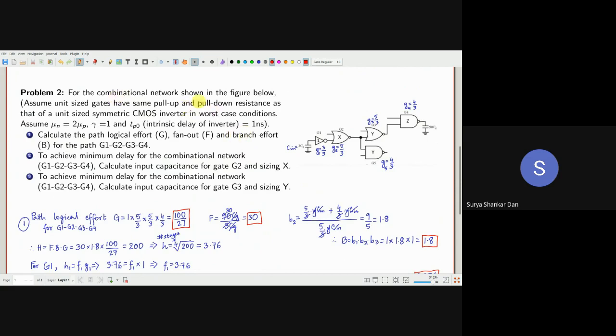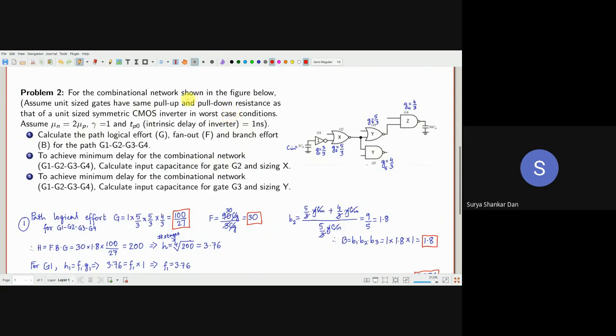All right. For the combinational circuit over here, again mu n equal to 2 mu p, gamma equal to 1. Very good. This is also 1 nanosecond. Excellent. Intrinsic inverter delay, unloaded. Intrinsic delay means unloaded inverter delay, without any input and output capacitance.